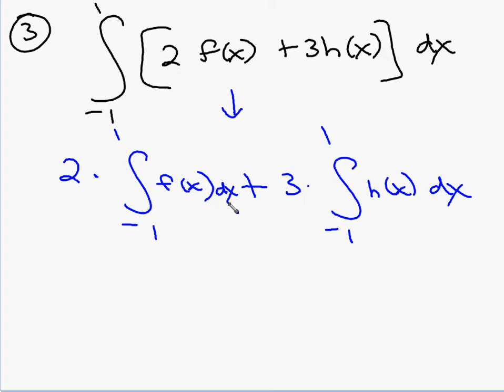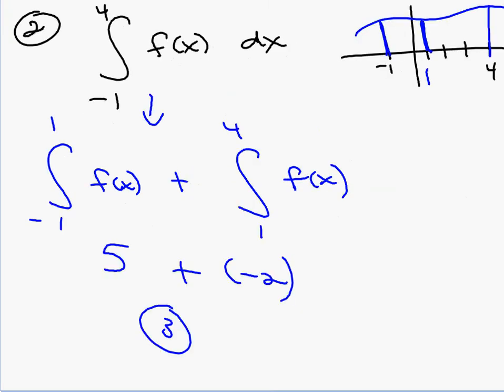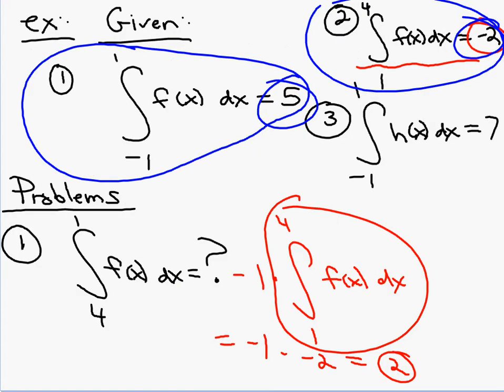So, don't we have all this information? Let's go back to what I was given. I've got the integral from negative 1 to 1 of f, and I've got the integral from negative 1 to 1 of h. Okay, so I put them in. One of them is 5, the other one's 7.